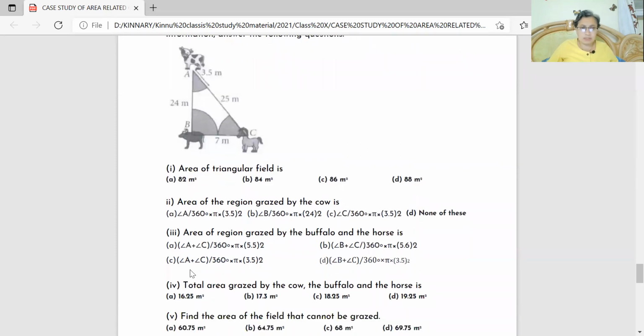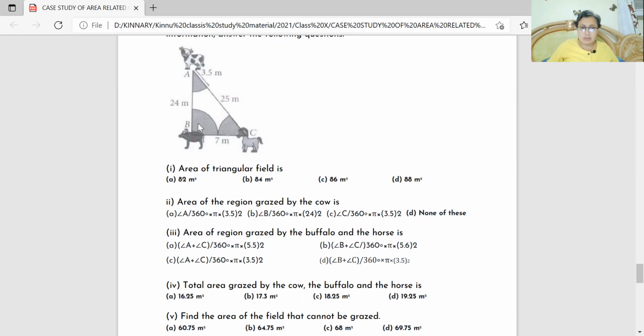So how simple it is. Next question, area of the region grazed by the buffalo and the horse. You can see that angles are not given, but still you need to find the area grazed by both. So what you will do is add both angles.